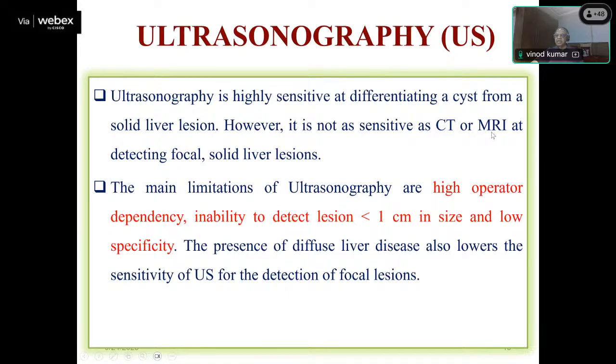I told you that ultrasound is the first modality which doctors advise. If after ultrasound they want more detailed information, then they go for CT or MRI. But in the first stage, ultrasound is advised.